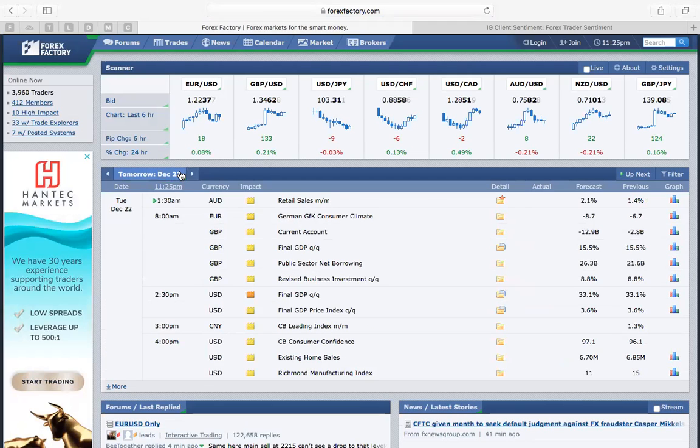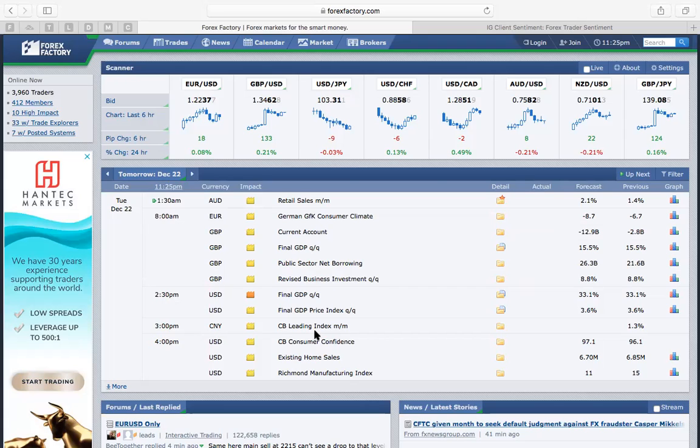This is how you pick which pairs you're going to look at for movement, just to avoid being stuck in a trade that is very slow. So this is going to either give you the movement to push you into the money, or the pullback to allow you to get into the trade.